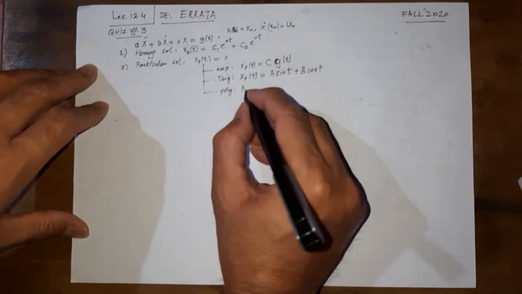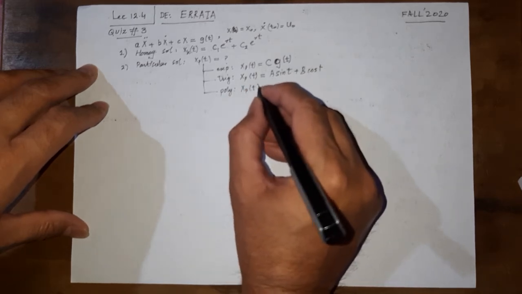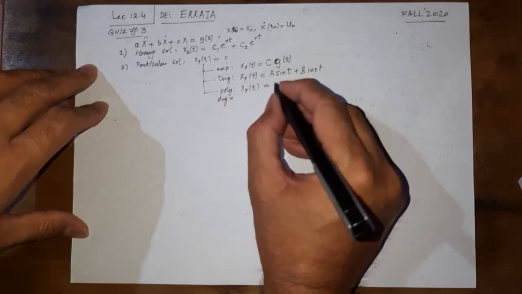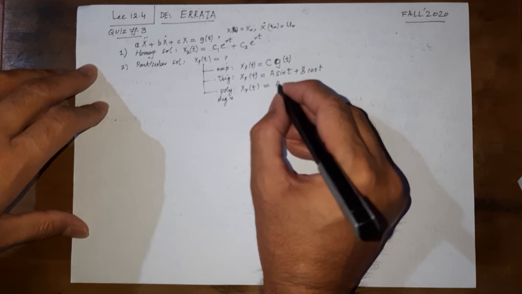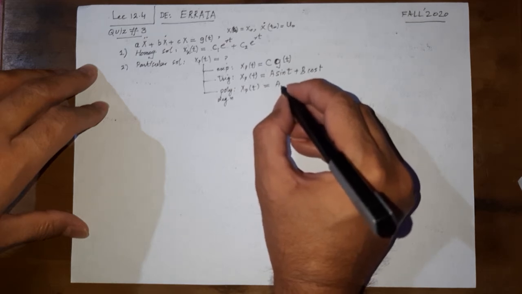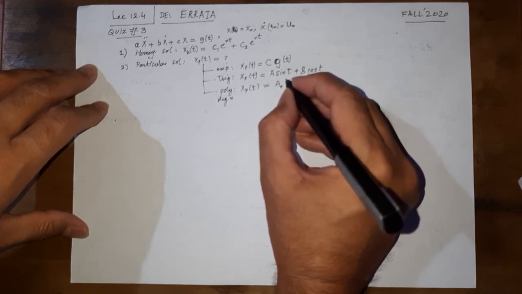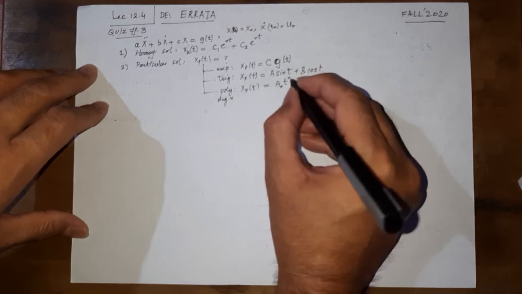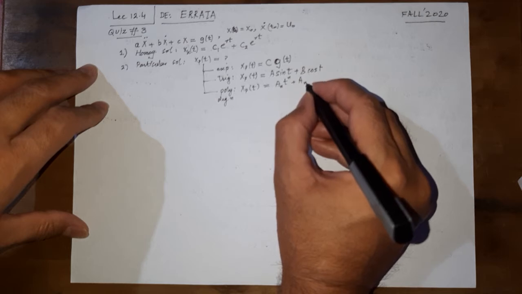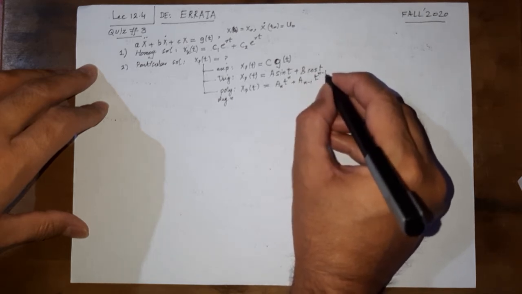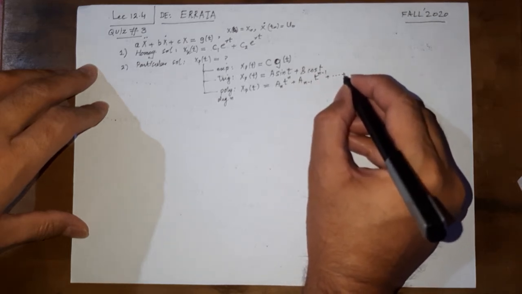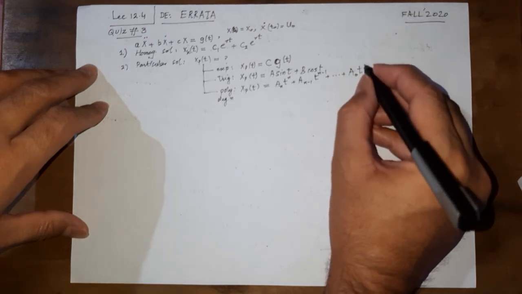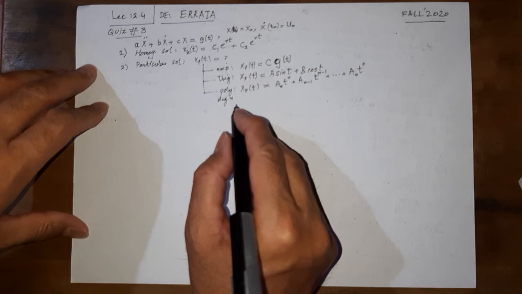And if it is a polynomial of degree n, then we get the solution equal to some constant a_n t^n plus a_(n-1) t^(n-1), and so on till you get to a_0 t^0. So a polynomial.